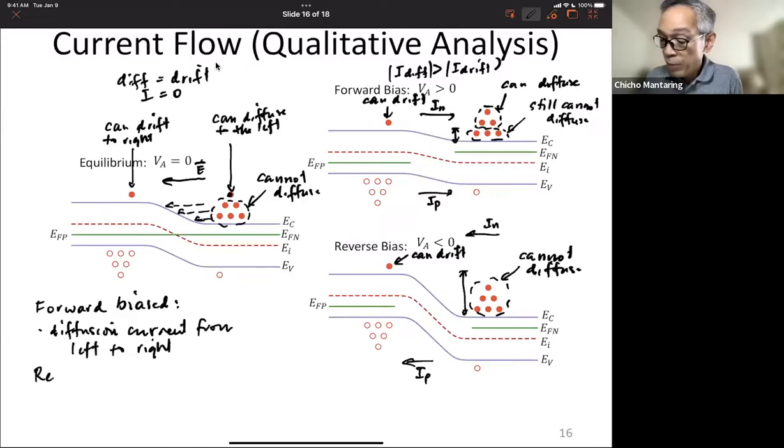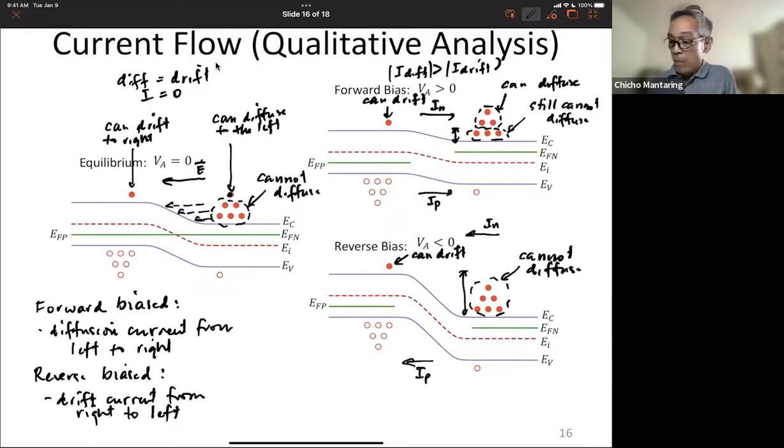And when it is reverse biased, you have a drift current from right to left. But this current is very, very small.